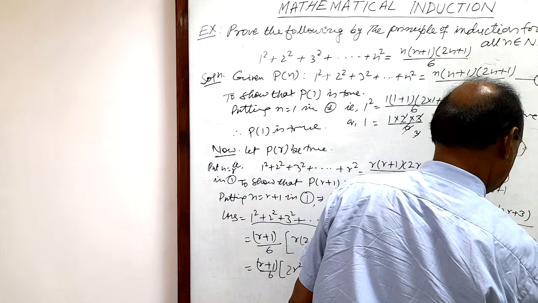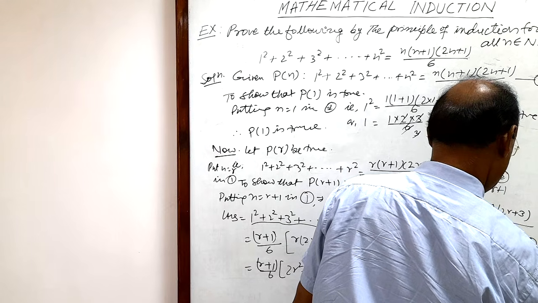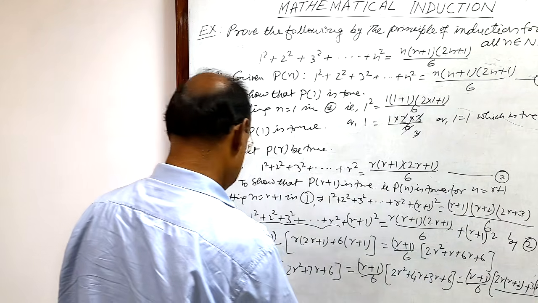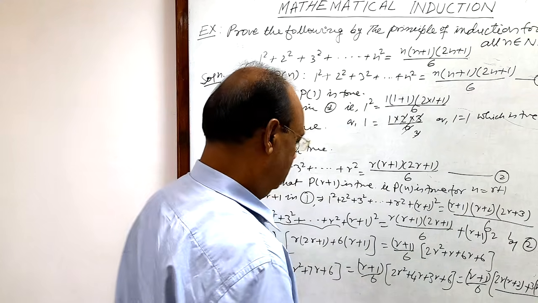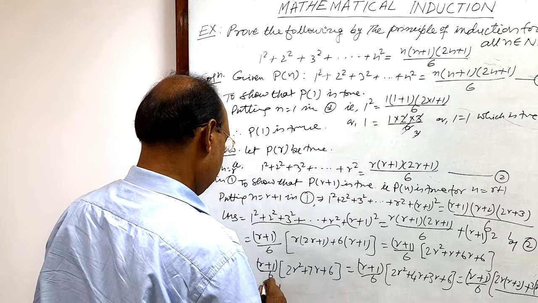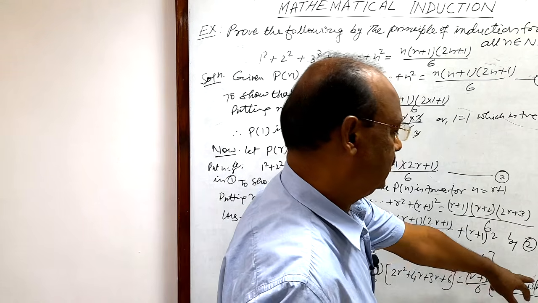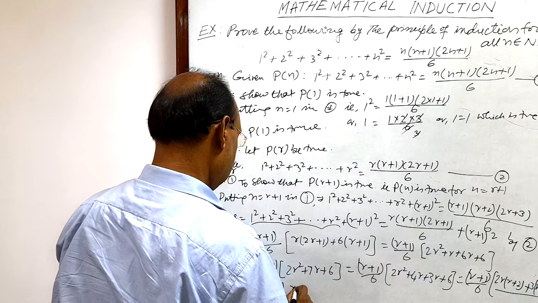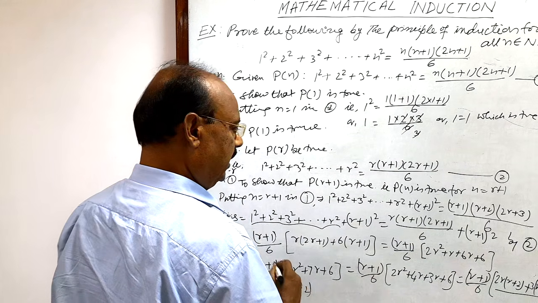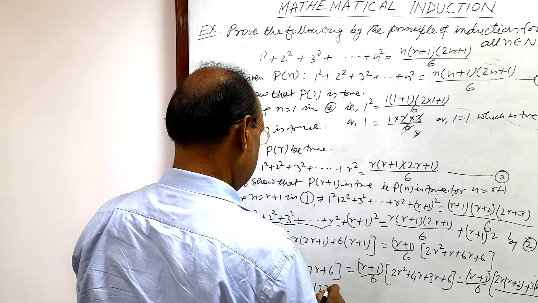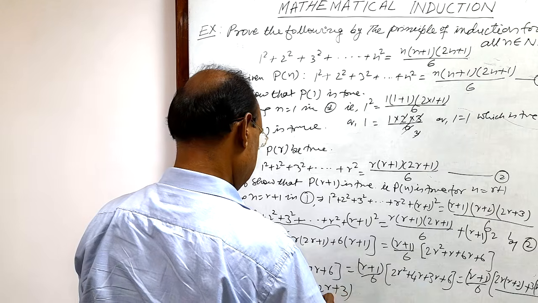Okay, fine. And this is equal to, now the final step, r plus 1 by 6 and r plus 2 is also common. So r plus 2 into 2r plus 3. This is 2r plus 3.